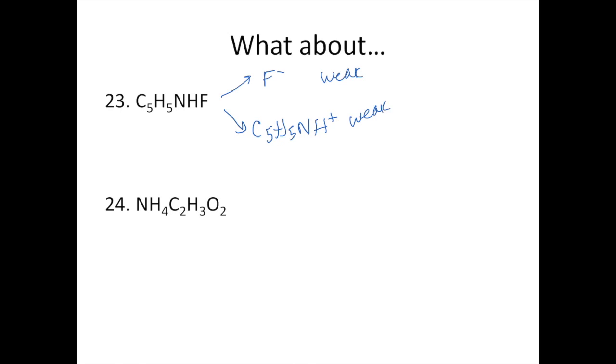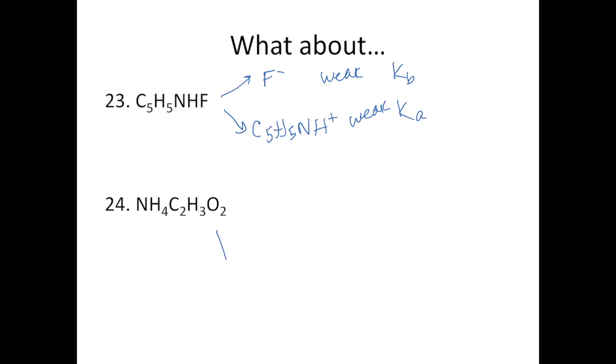Then how do you tell if it's acidic or basic? You have to look at the Ka and the Kb. So this one is a weak base, so that would be the Kb and the Ka, and determine which one's stronger. I'm not going to have you do that, but I always have someone who's worried about getting two that are weak. So if you do, you would just compare Ka or Kb.